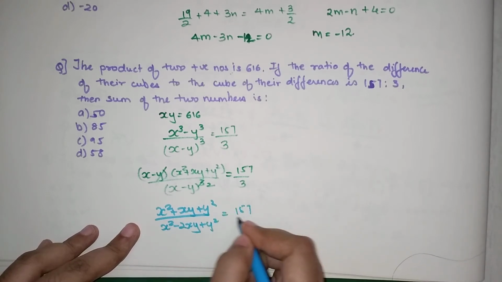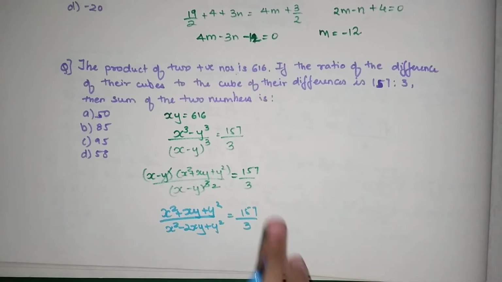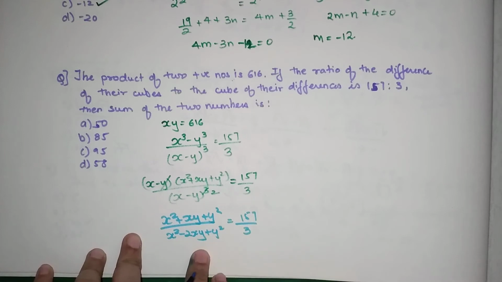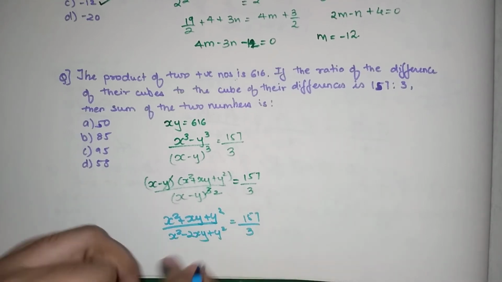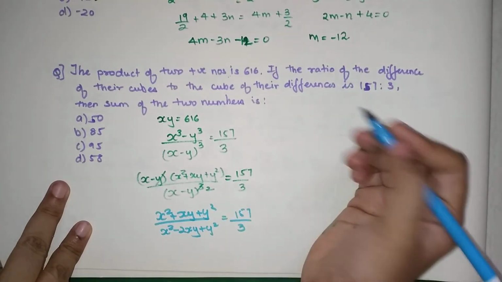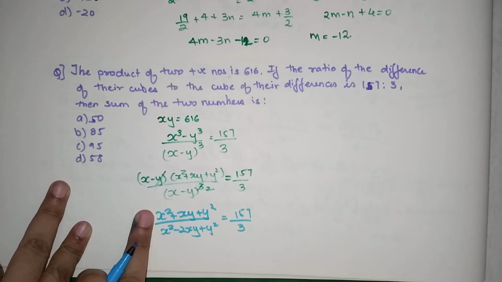is equal to 157 upon 3. Now students, I will tell you what you can do next. Most of the students get stuck on what they are supposed to do in the next step, which is nothing but componendo-dividendo, meaning you will subtract the denominator from your numerator.